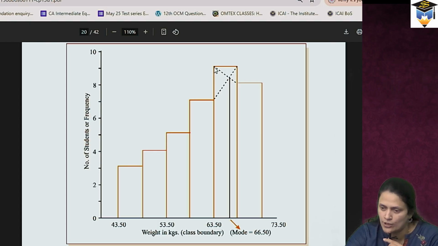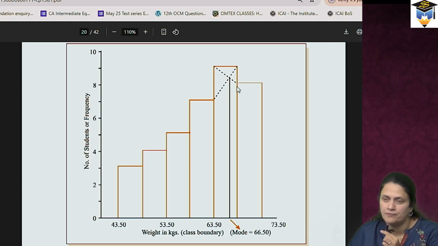As you can see over here, a line is drawn from the left of this bar to the left of the next bar, like this.